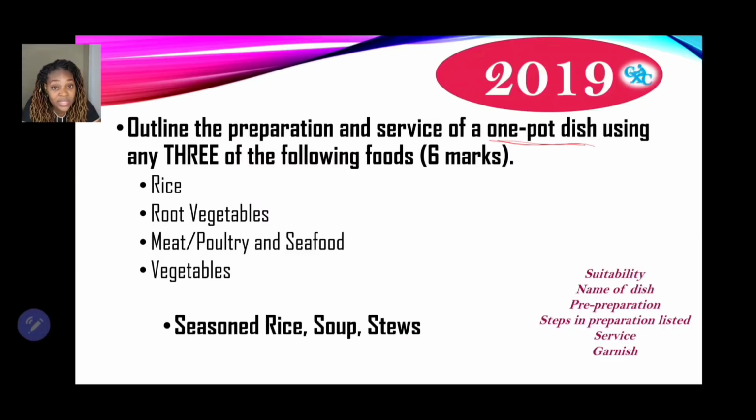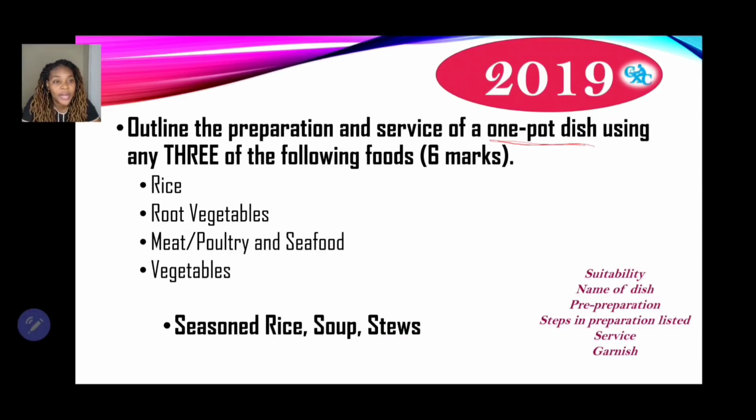Whenever you see a question that asks for a one-pot meal, it may be a casserole. Make sure everything is cooking there. No matter the cooking equipment or utensil, whether it be a saucepan, a skillet, a Pyrex dish, or a casserole dish, please ensure that if it's a one pot, all of your items are cooked in that particular container.